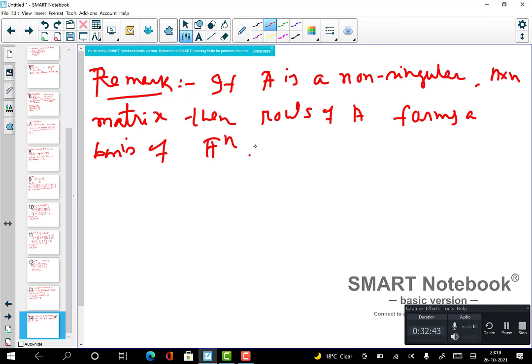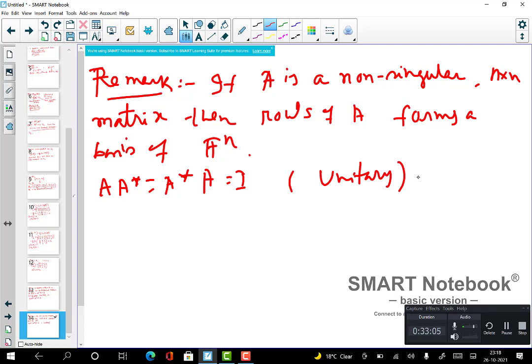Now the question is, what happens if I have an orthonormal, or rather unitary, matrix? So if A star A equals A A star, so that is the unitary case, then what happens?